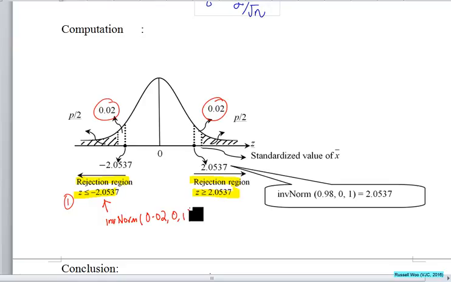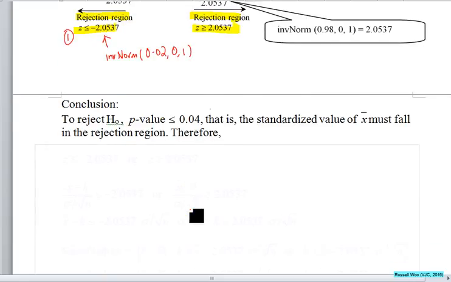Now we say that the Z value must be smaller or equal to negative 2.0537, or the Z value must be greater or equal to 2.0537. In order to fall in the rejection region, my standardized Z value must fall in the rejection region. All okay? How do you find the standardized Z value?